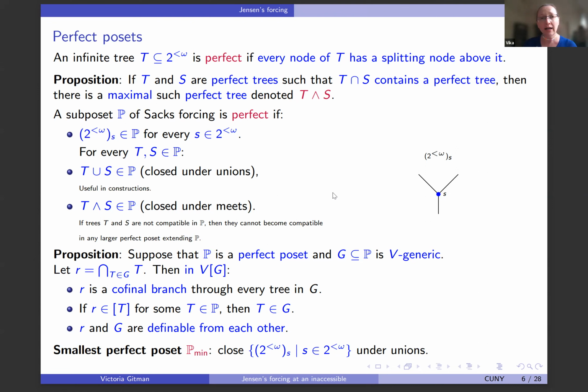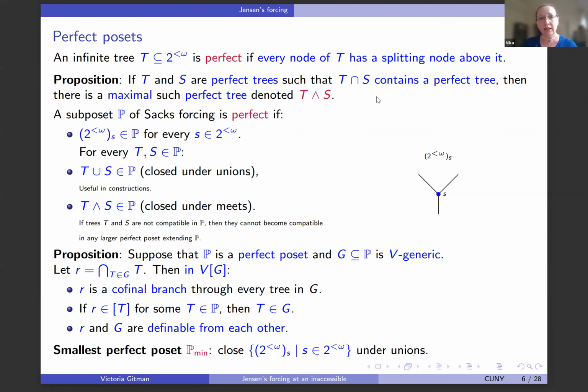And one of the nice properties of perfect trees is that if you have two perfect trees, T and S, and if their intersection contains a perfect tree, then in fact it contains a maximal perfect tree. And we'll call this the meet of T and S, denoted like this. So this is the standard meet.